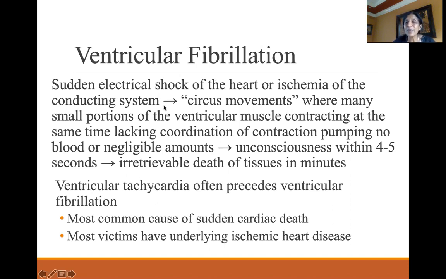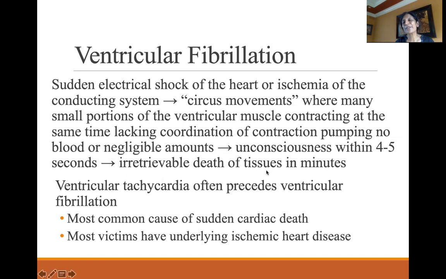There are circus movements because there are multiple sites within the ventricles where the muscle fibers are excited to initiate their own rhythms, where many small portions of the ventricular muscle contract at the same time, lacking coordination of contraction, pumping no blood or negligible amounts, causing unconsciousness within 4 to 5 seconds. Defibrillators are there for that reason, right?